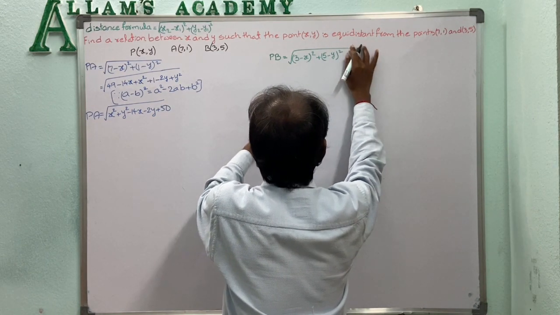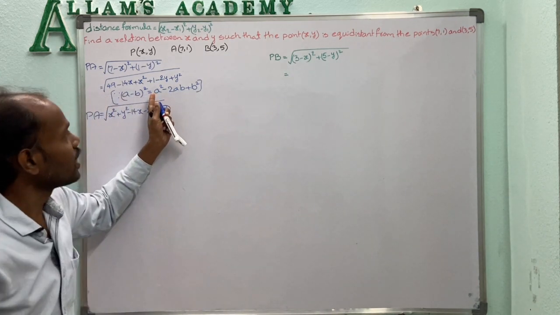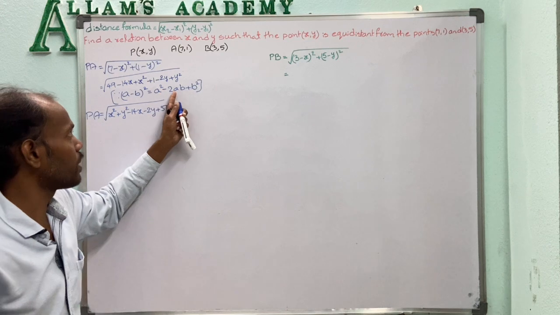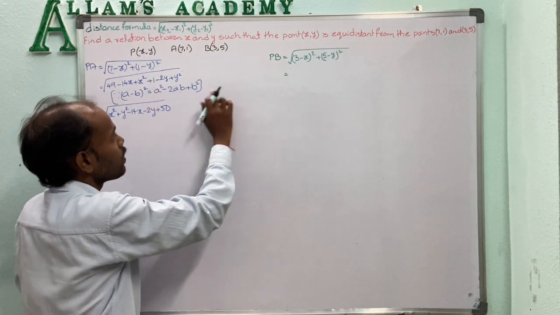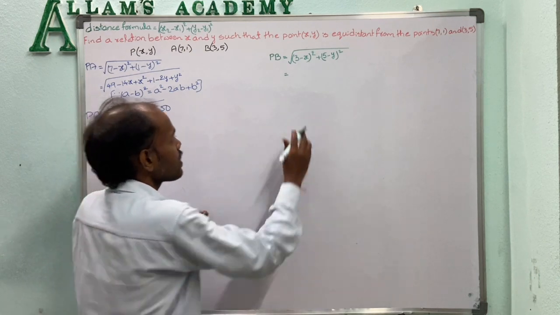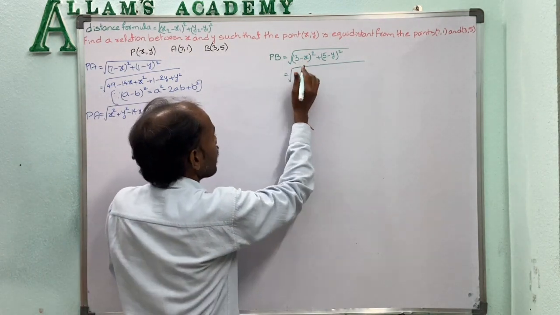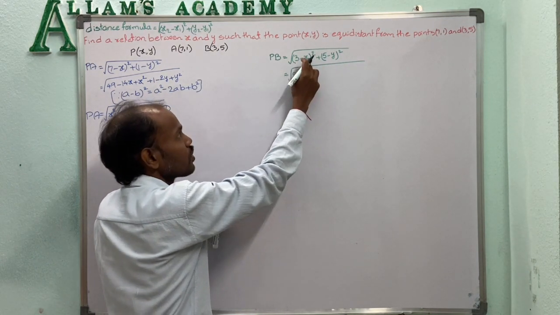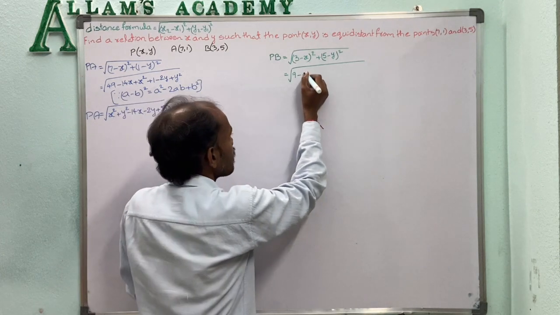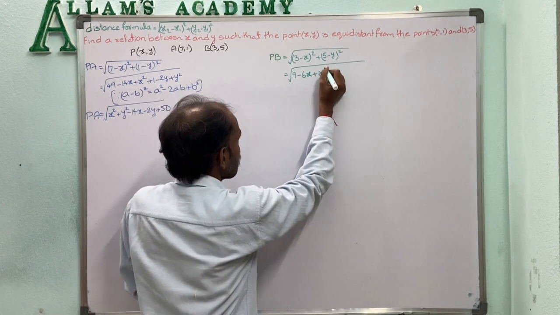Now again it is in the form of a minus b whole square. Already we have written a minus b whole square equal to a square minus 2ab plus b square. So here a is equal to 3 and b is equal to x. To simplify, we can write a square, 3 whole square, that is 9, minus 2ab, 2 into 3 into x, that is 6x, plus b square, x whole square, that is x square.